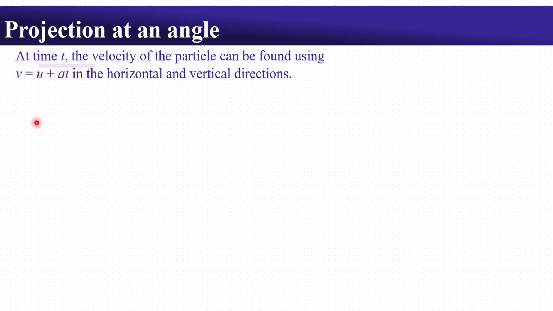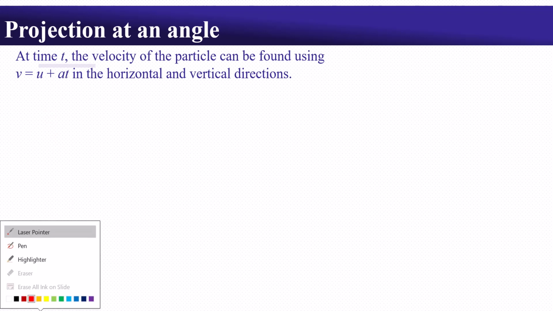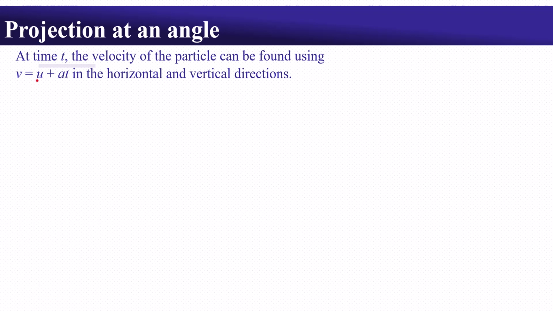I'm going to start with the y direction. So for the y direction, let me get a pen. For the y direction, we know that velocity in the y can be got.